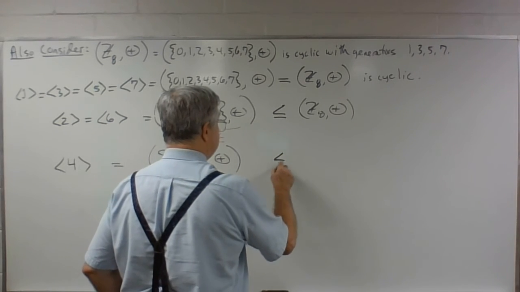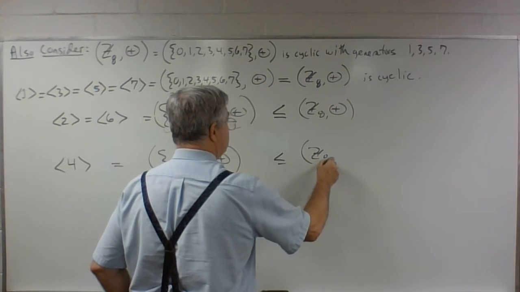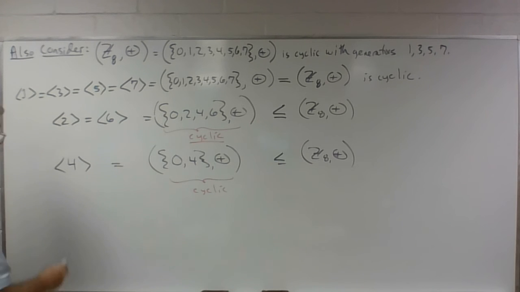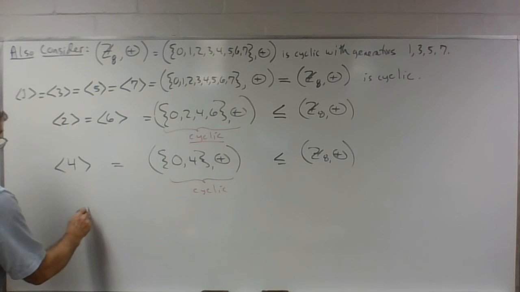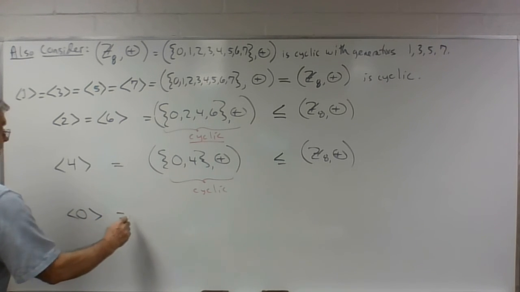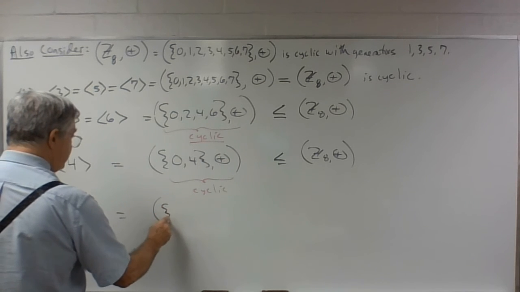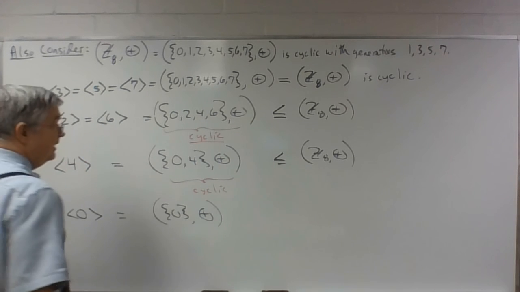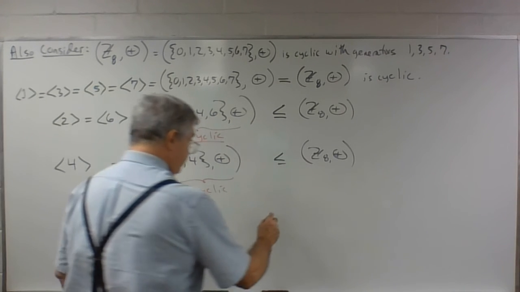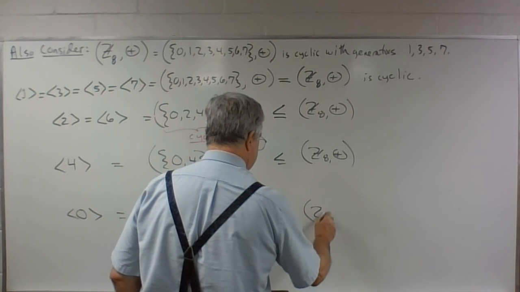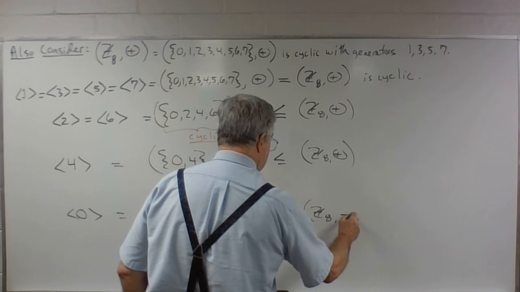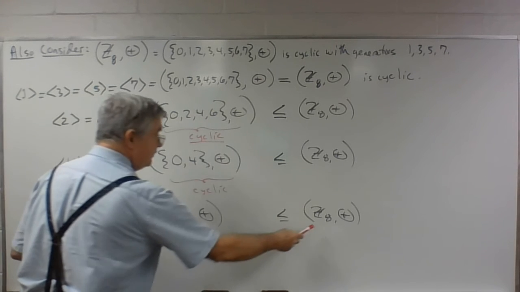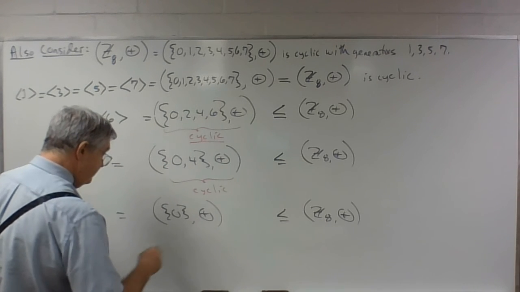And it's a cyclic subgroup of the cyclic group Z8. And of course, 0 is going to generate itself and nothing else. But that's trivially a cyclic group and a cyclic subgroup of the set of remainders modulo 8.